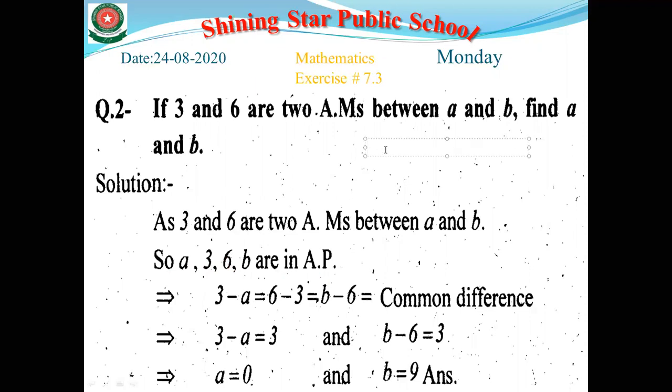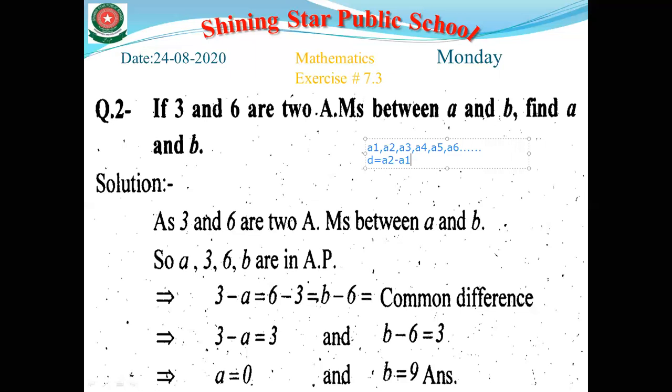We know that when we have a1, a2, a3, a4, a5, a6 and so on, whenever we have to find d, we subtract a2 minus a1.